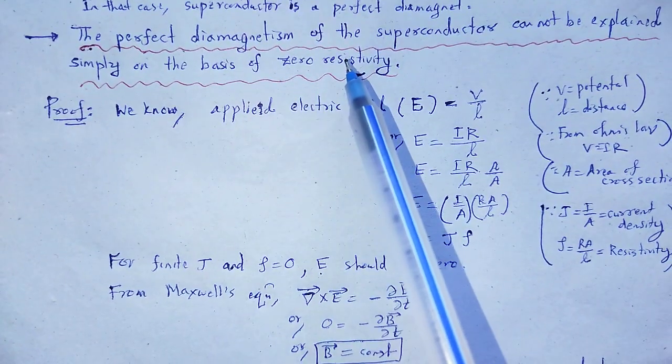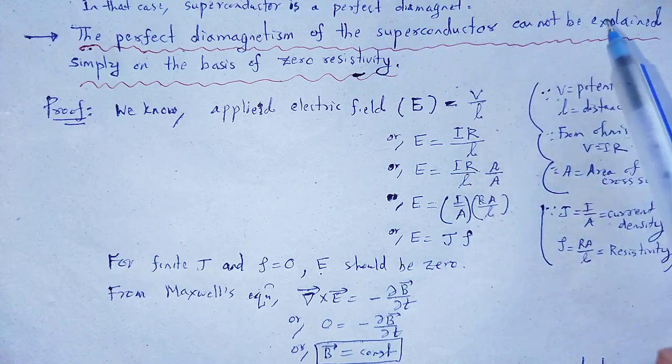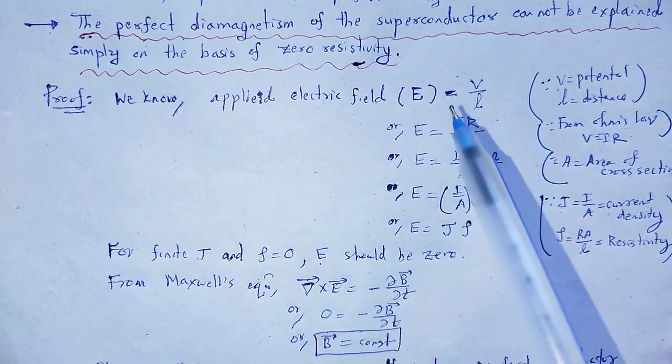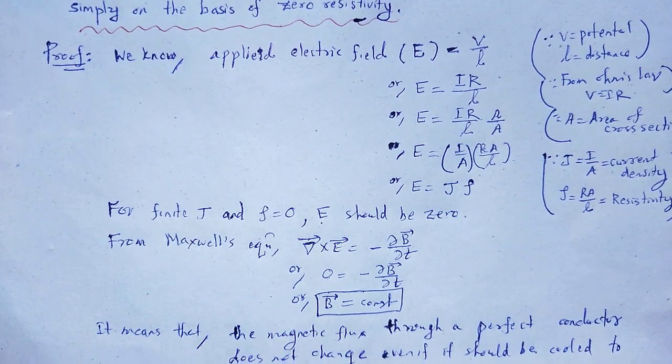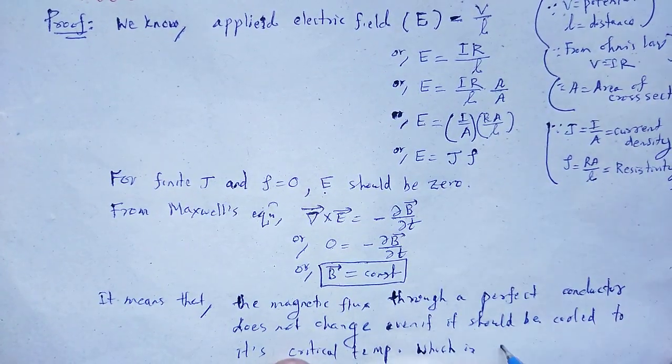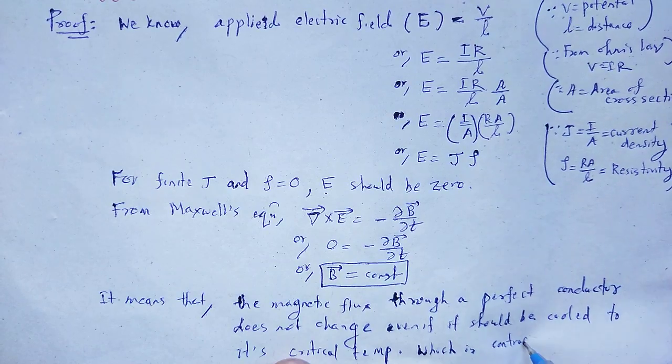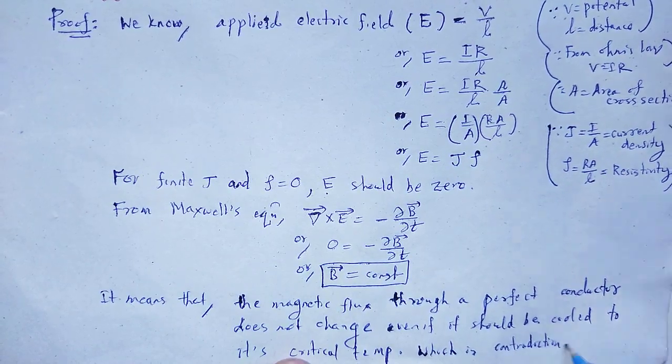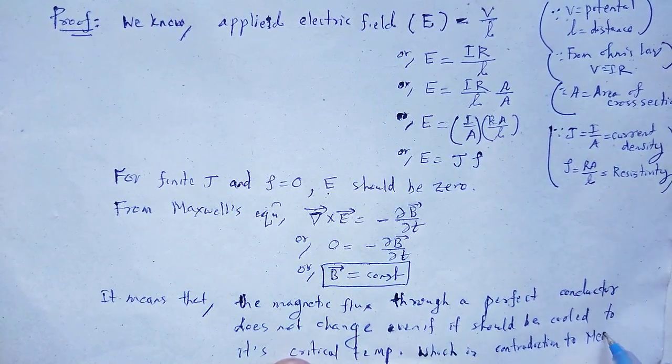The perfect diamagnetism of a superconductor can't be explained simply on the basis of zero resistivity, which is a contradiction to the Meissner effect.